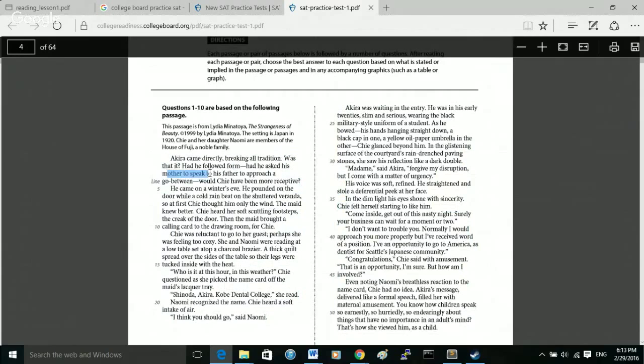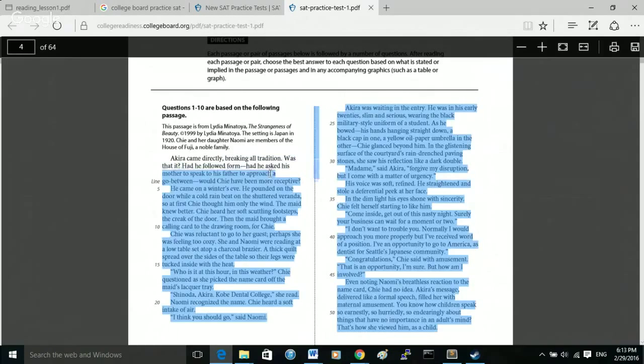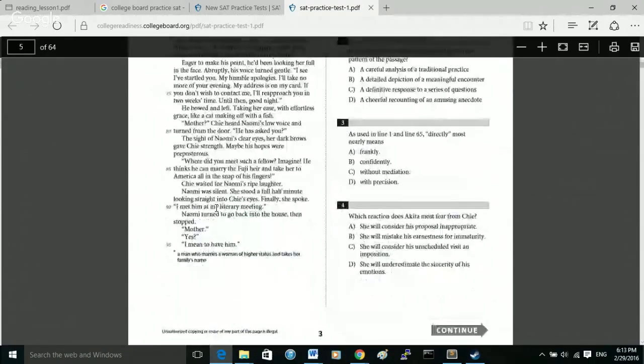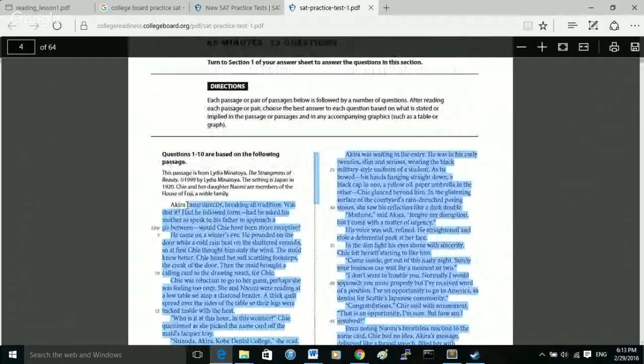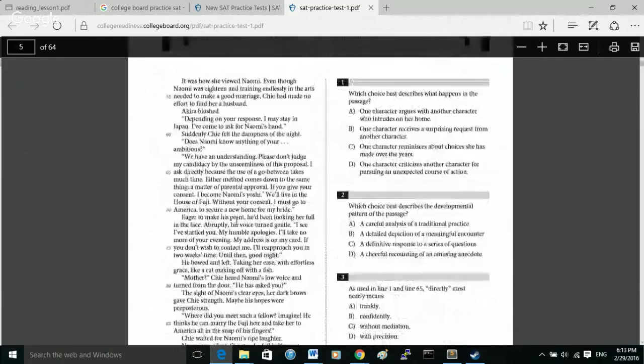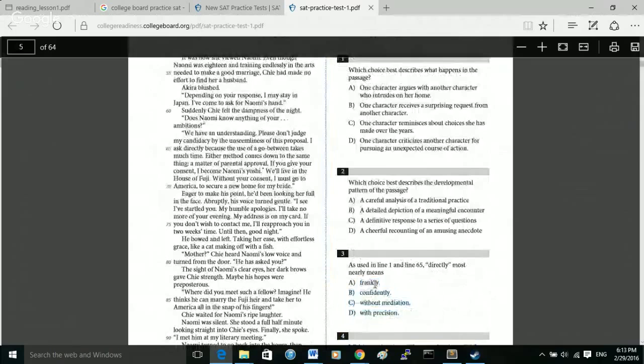Had he asked his mother to speak to his father to approach a go-between? Would she have been more receptive? There's nowhere in this paragraph that shows that Akira is not being honest, and there's no evidence that it's saying that he is honest. So therefore, answer choice A can be crossed out and is not correct.